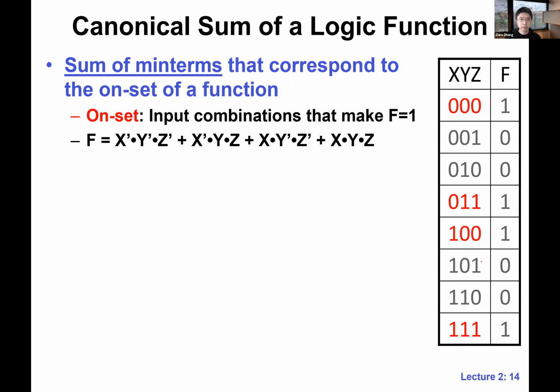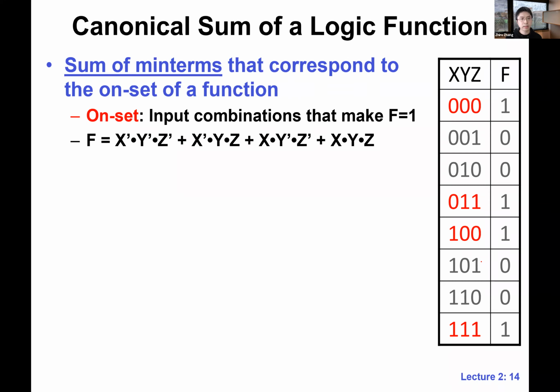We have 4 input rows in the onset. We just write down the corresponding minterms, and we sum them up, and we get our function. Hopefully the intuition is clear, because we get a 1 if we hit one of these input rows. That's why we OR them together.